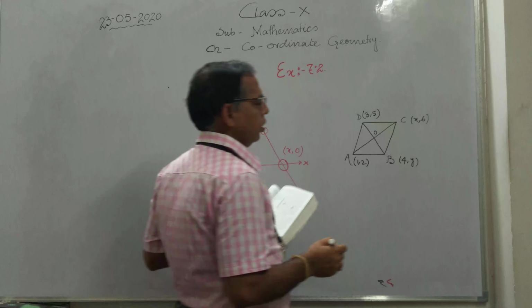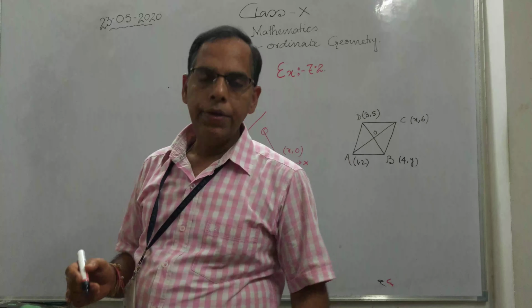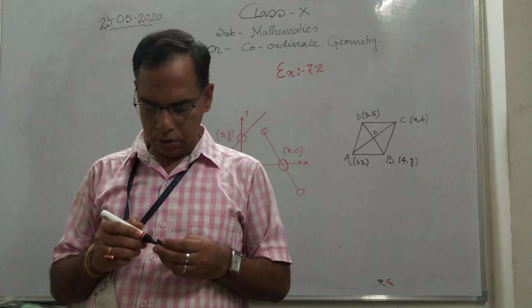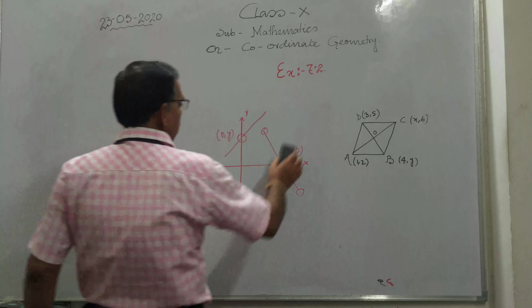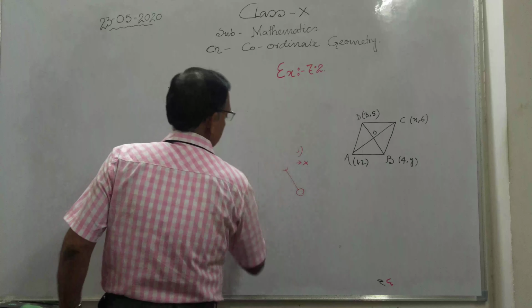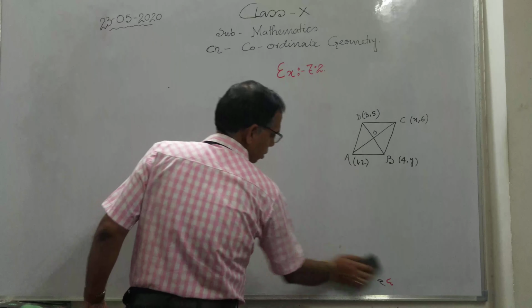First of all, you have to write that the diagonals of a parallelogram bisect each other.